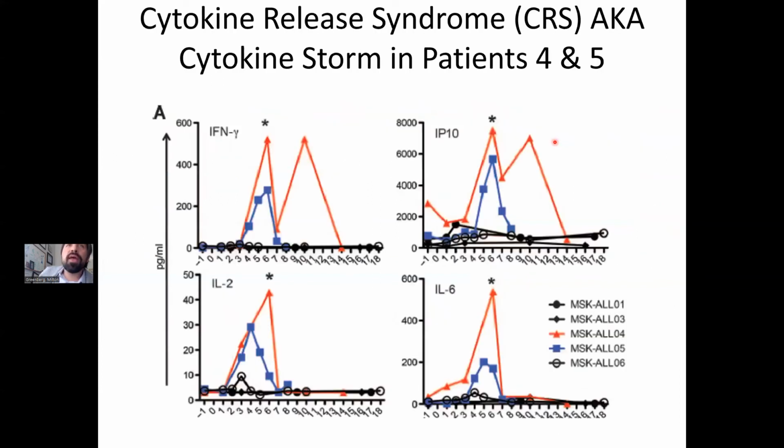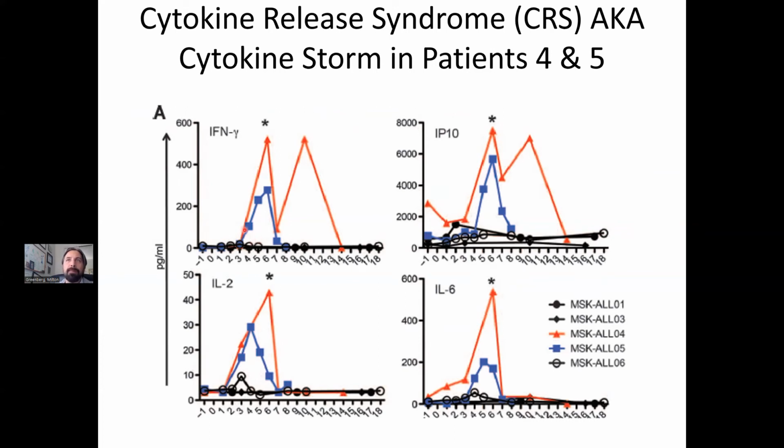Okay, so let's look at this cytokine release syndrome, this cytokine storm. We know cytokine storm from coronavirus, but here we're seeing cytokine storm in response to therapy. In this case, this immuno-oncology therapy caused cytokine storm. What is this cytokine storm?